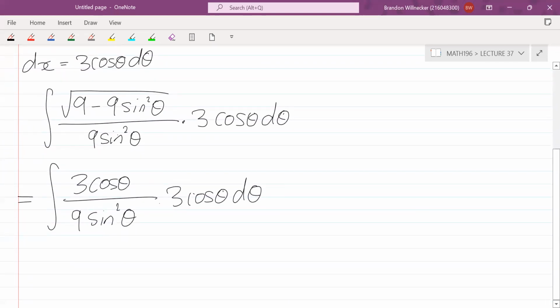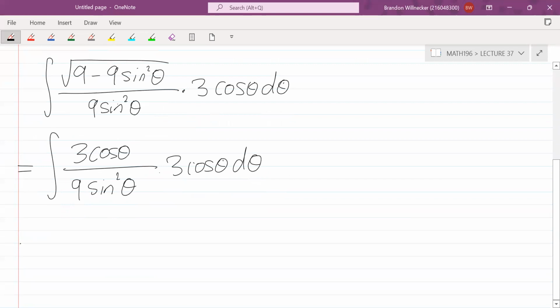We just simplified the roots. The 3 times the 3 will be a 9, but we're dividing by 9, so that goes away. Cos times cos is cos squared. So we have cos squared theta over sine squared theta d theta.